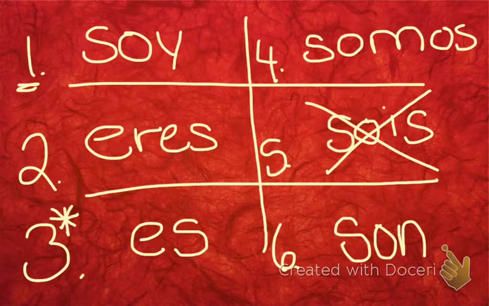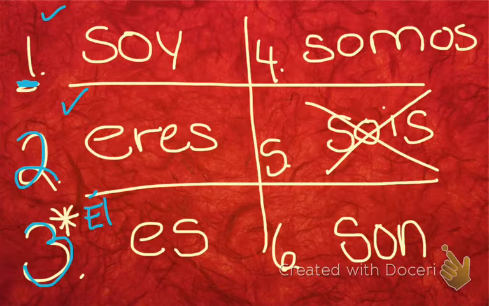I want this to be really clear. I want you to understand that when you go to box number 1, for this verb, we are saying I am. For box number 2, when we use this verb, eres, we're saying you are. For box number 3, when we say es, we could be saying he is with an él.